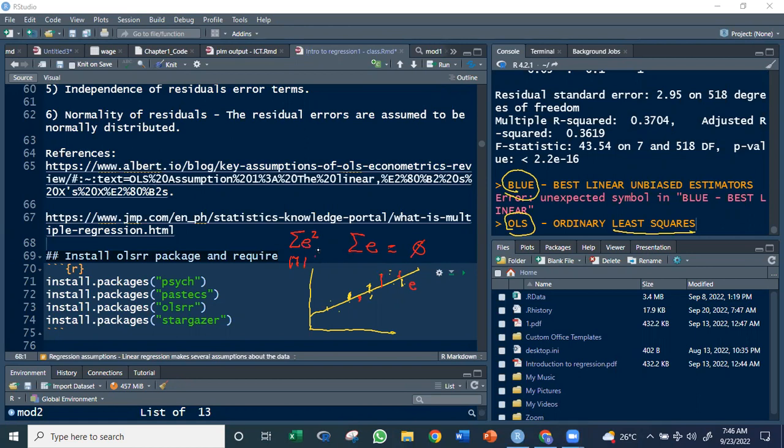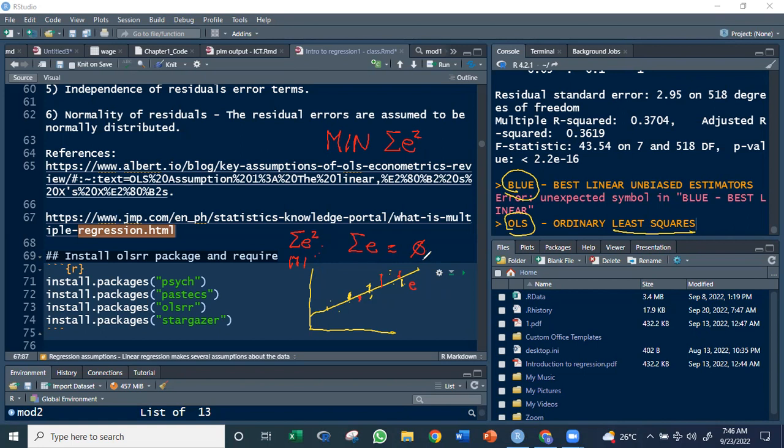Minimum. So the objective is to find that regression line, that line of best fit that minimizes the sum of your errors squared. And there can only be one line. There can only be one line that minimizes the square of the error terms.